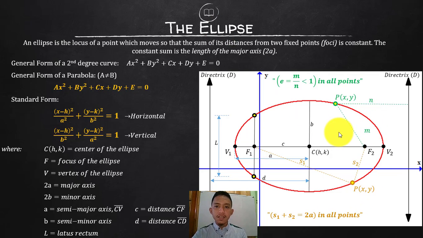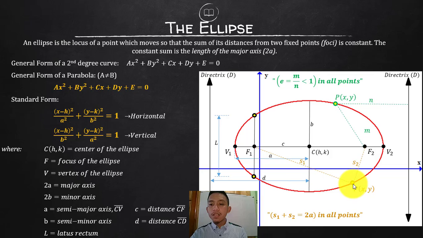And one more that will define the ellipse: since there are two foci, consider any point, let's say this orange point here.